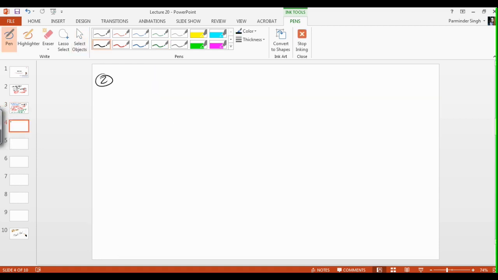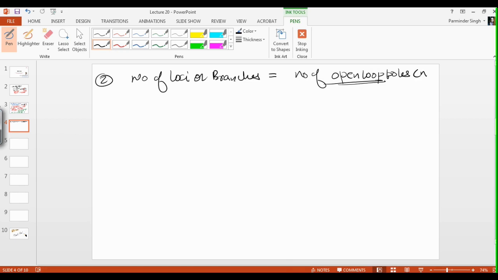says that the number of loci or branches, I'll explain what loci and branches are in a minute, is equal to the number of open loop poles, that is equal to n.